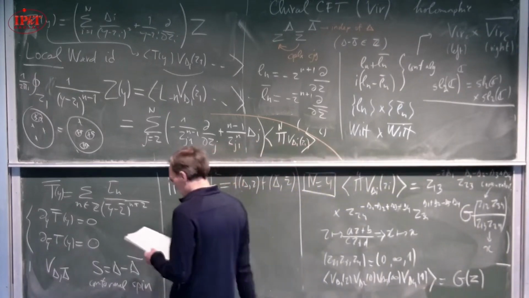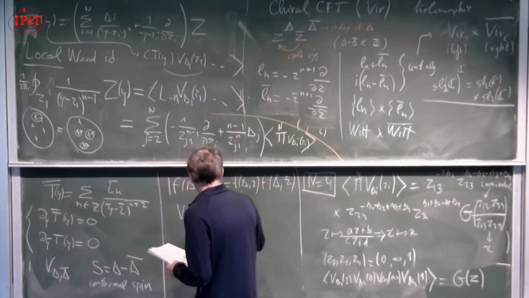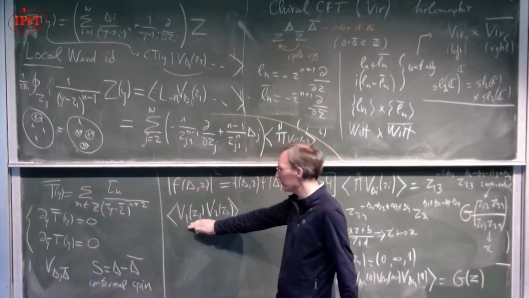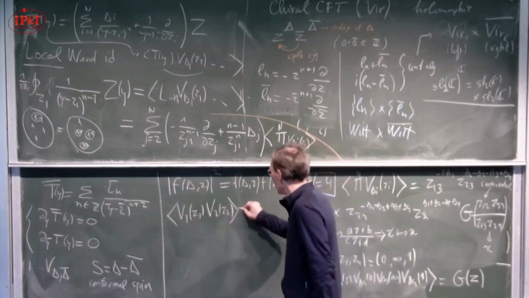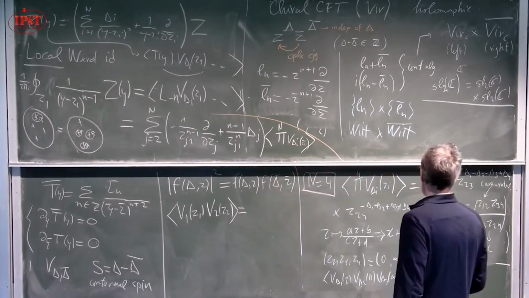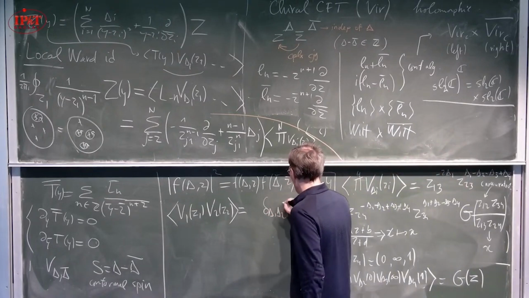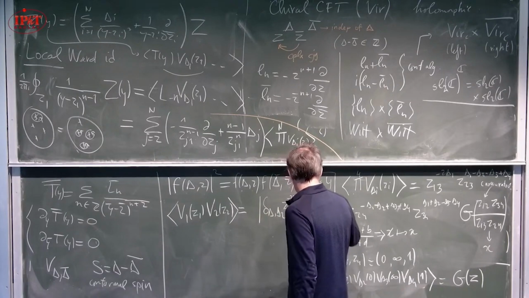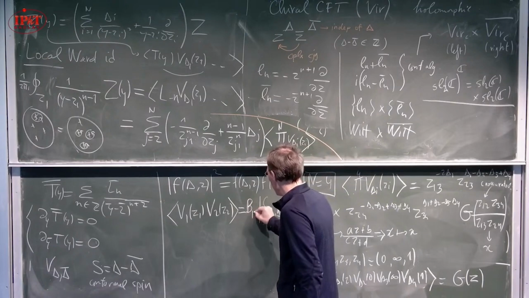So if I look at the two-point function in particular, now I write V1, V2. They are still primary fields, but for simplicity, I can parameterize them with indices. This two-point function should basically be the modulus squared of what we had, which is erased: it's z_12 to the minus 2 delta 1, modulus squared, up to some constant factor, which I call B_12.